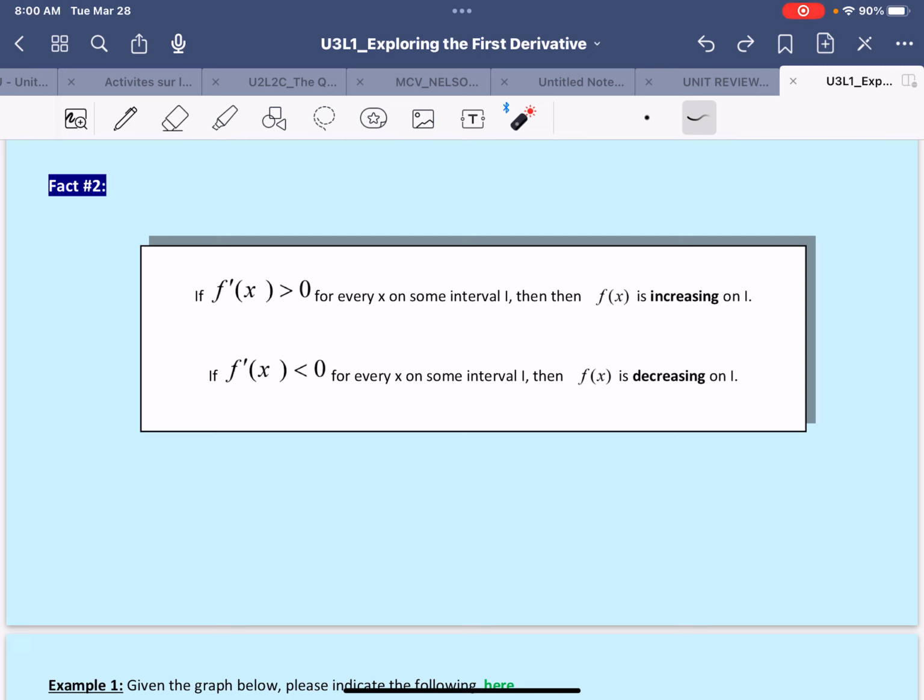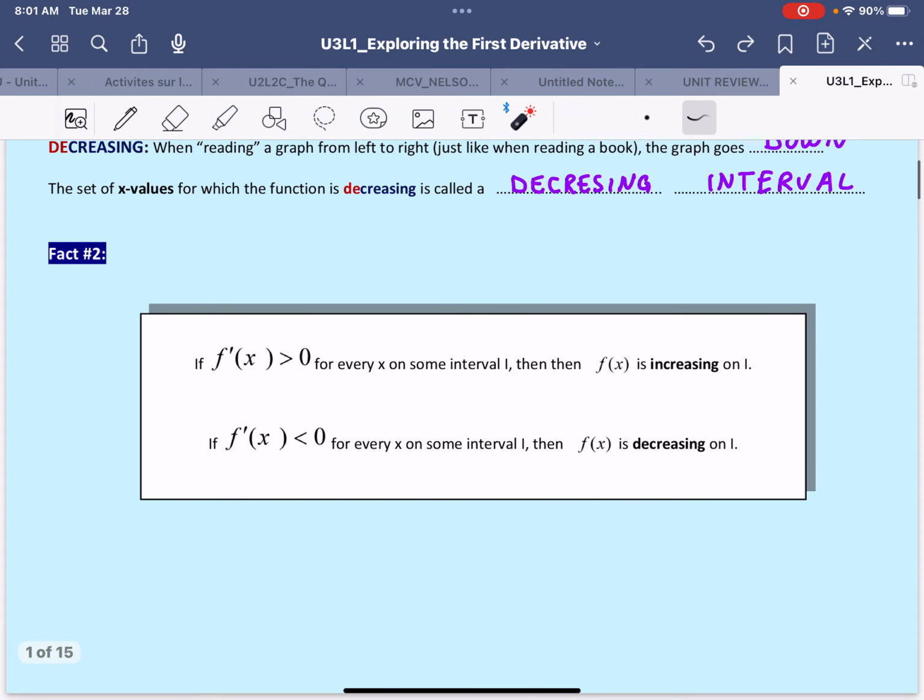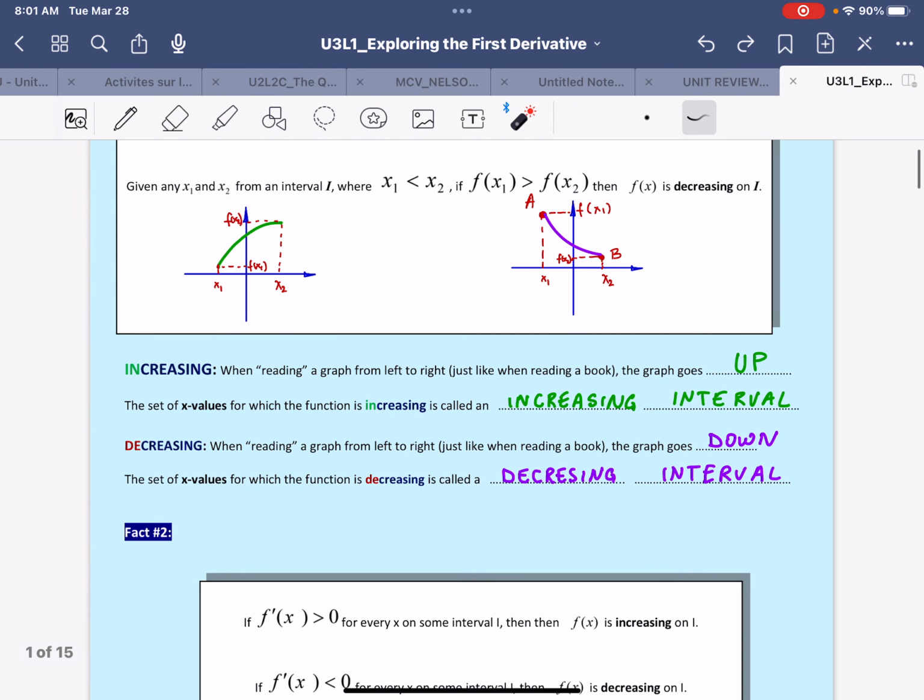So we are going to say that if f prime of x is positive for every x value on some interval I, then f of x is increasing on I. So referring to the graph of the function that we drew above, if we draw the tangent line at any point on the interval starting from x1 to x2, notice that the slope of the tangent is positive, which means that the derivative of the function is positive. It means that x1 to x2 will serve as an increasing interval for the function f of x.